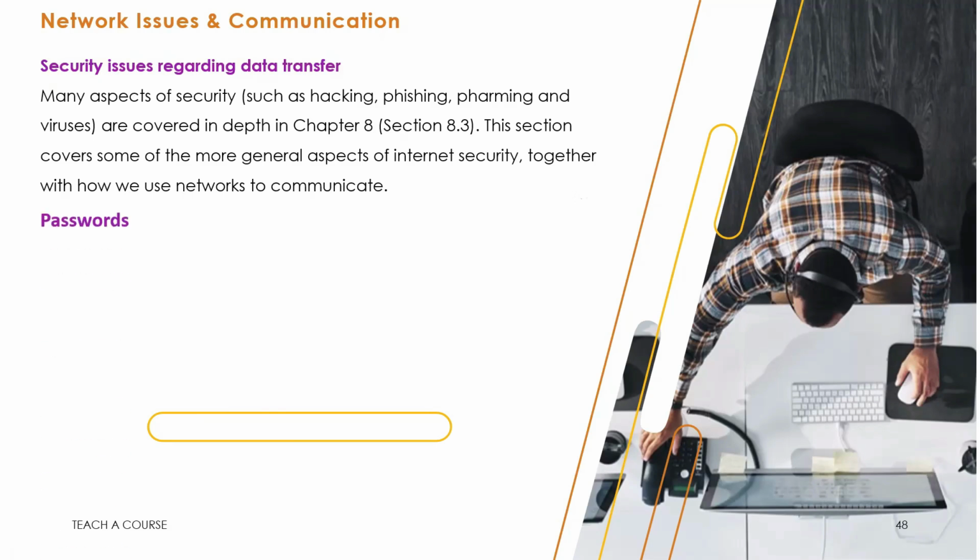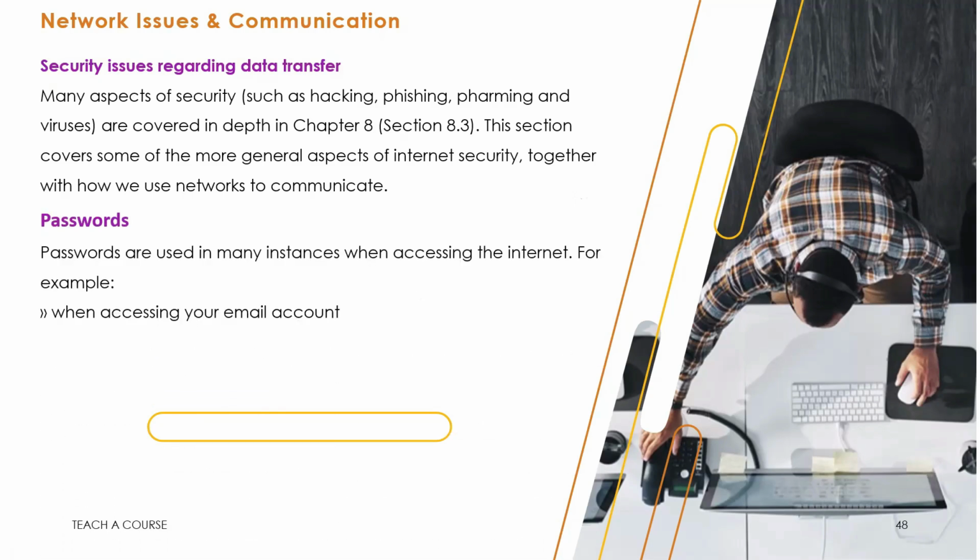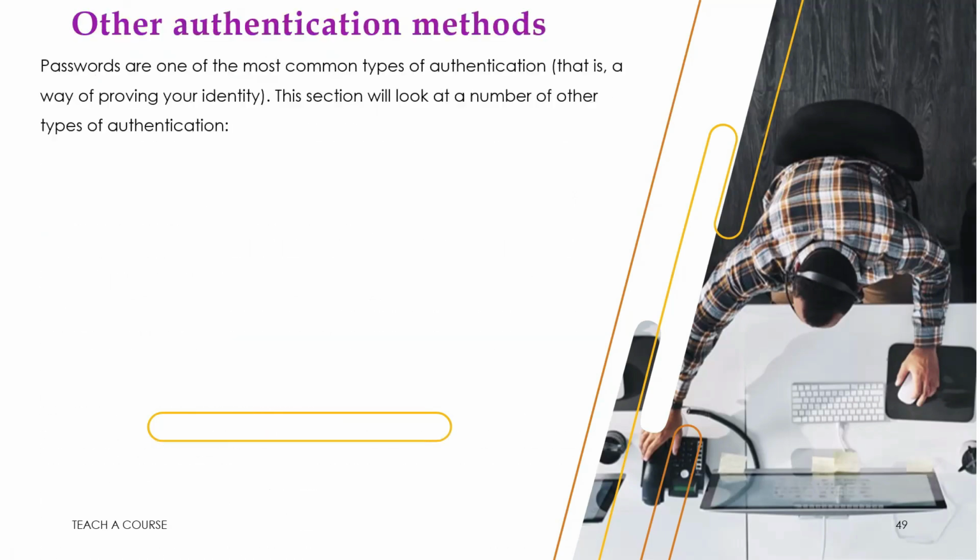So here, let's look at passwords. Passwords are used when you want to access your email account, for authentication when carrying out online banking, and accessing social networking sites. We also have other authentication methods such as zero login. We need to know what zero login is. We should be able to explain it if that comes in your exam.